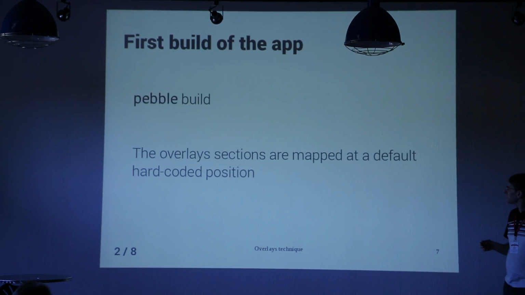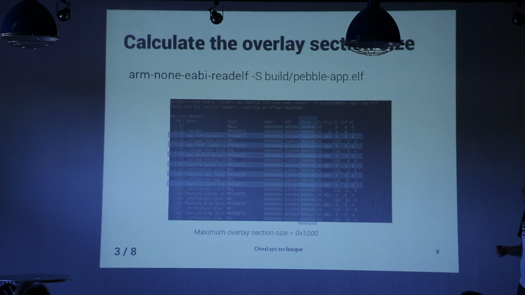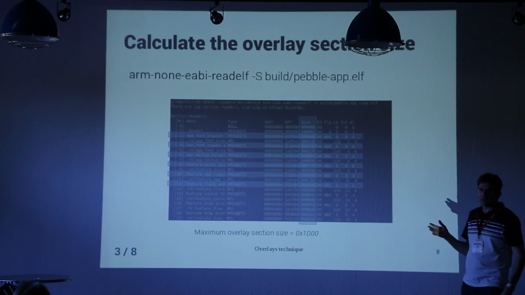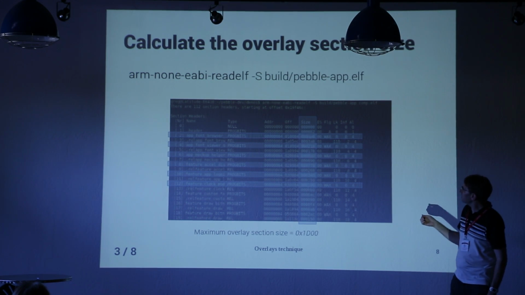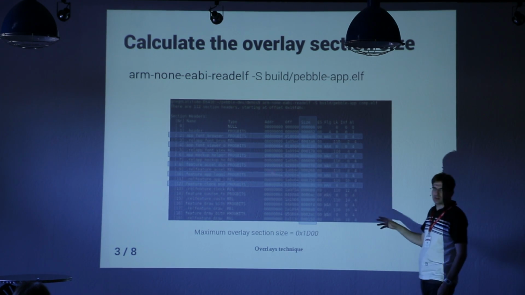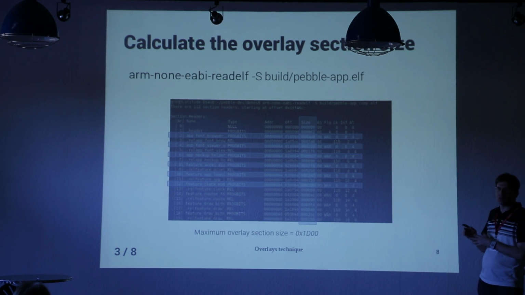Then we just build. We are doing the first build, and everything will go into its default location. And after we do the build, we can check all the sections that were created, and from those sections, we can see the size of each section and find which is the biggest section, and accordingly define the size of the overlay area.